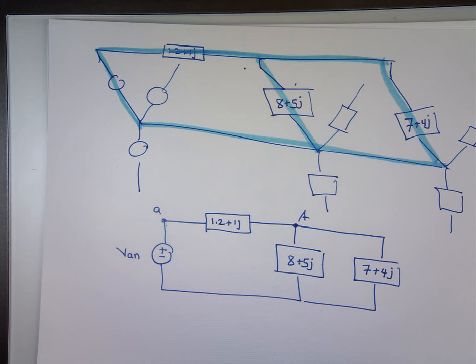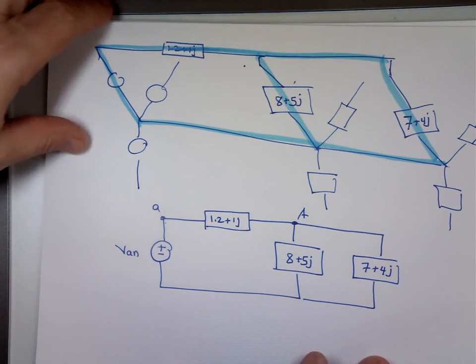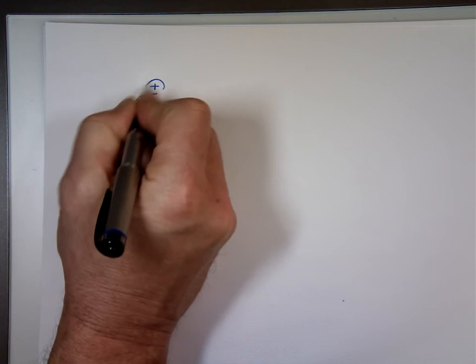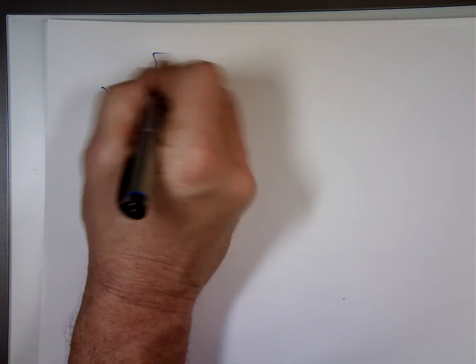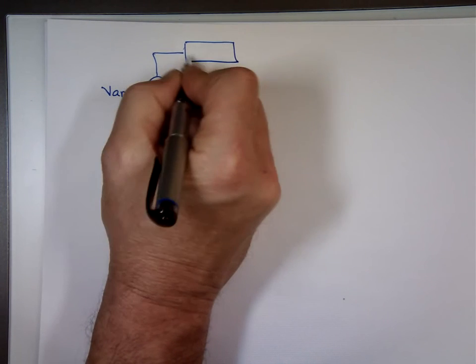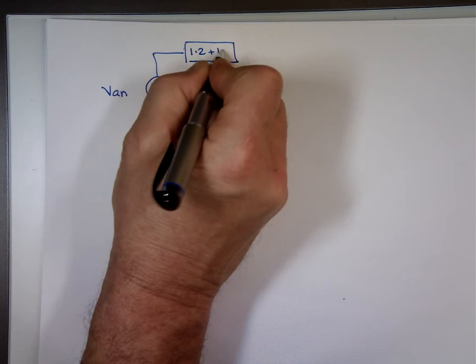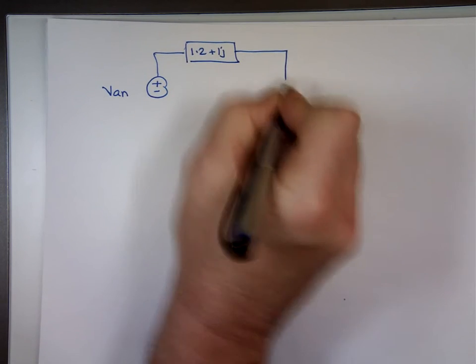So if you want to combine them, that will make VAN 1.2 plus 1j. And now let's combine these, the product over the sum. I'll go to my calculator here.